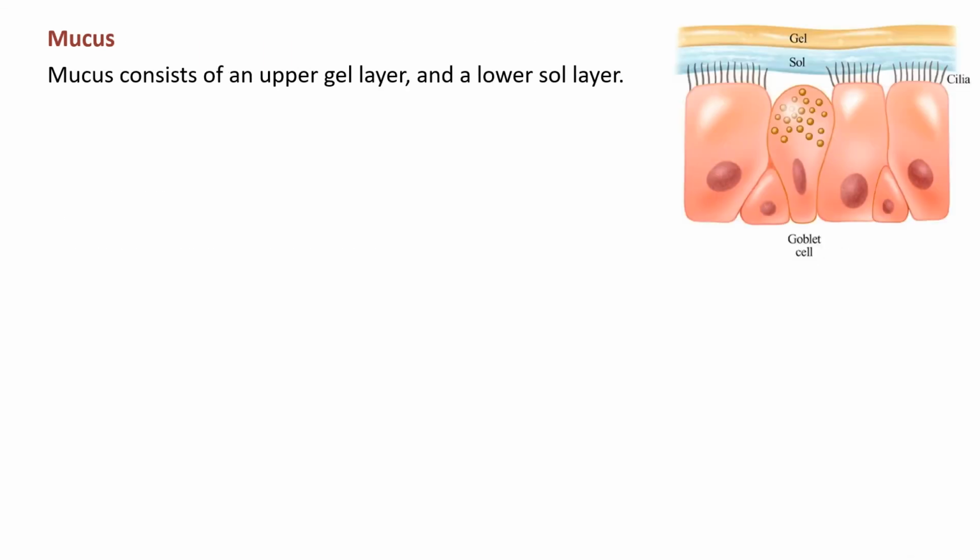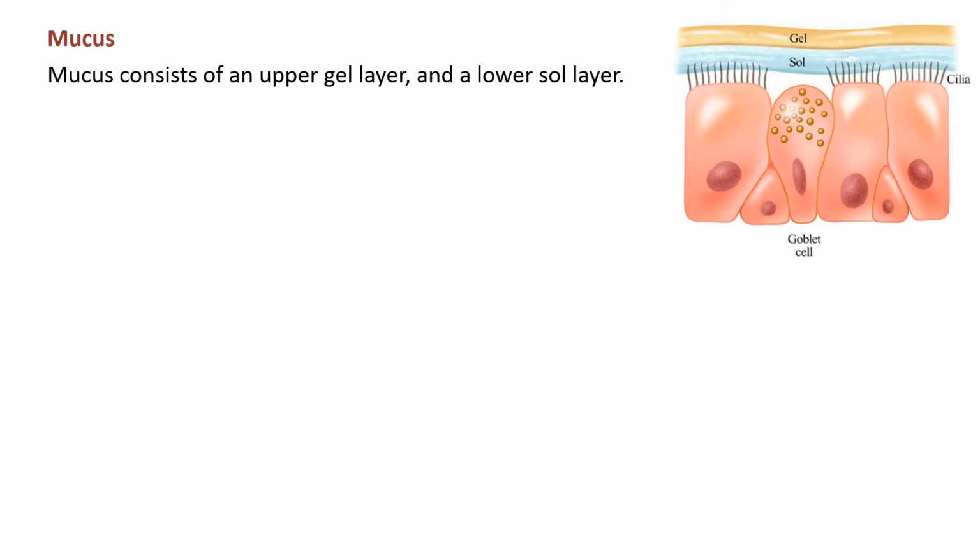As I said, we can't really separate coughs and mucus because we've got a bit of a chicken and egg situation going on here. So let's talk about mucus first. As I said, we've got two components really. And that gives us two layers. So we've got an upper gel layer that acts a bit like a raft being pushed along.